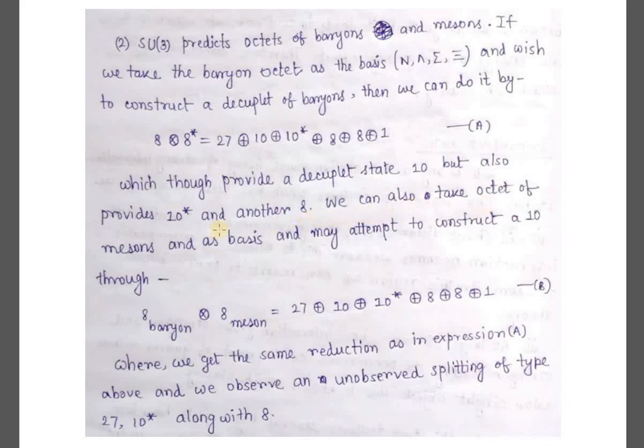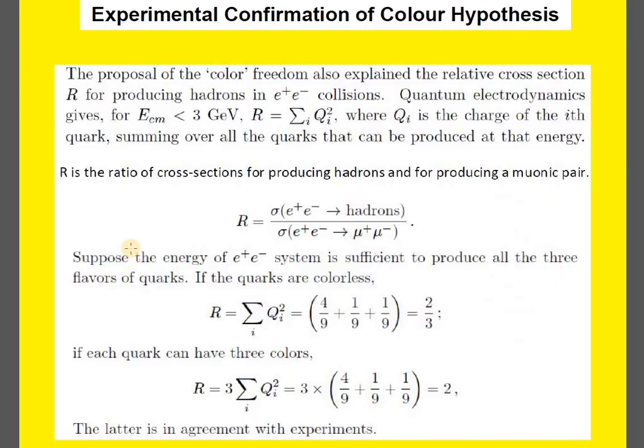We can also take the octet of mesons as the basis and attempt to construct a 10 through this, where we get the same reduction as in expression A, and we actually note an unobserved splitting of this type. So these are the two very simple limitations or drawbacks of the static quark model.